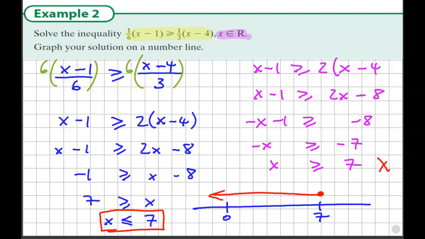The only thing that gets you out of jail on this one is, if you are going to do that, you should make sure that you change the direction of the inequality. My attitude is you shouldn't put yourself in that position in the first place, so my preferred option is to never put yourself in that position. But if you're going to do it, just make sure that if you have a negative unknown with an inequality, when you turn it into a positive unknown, by that trick of multiplying by minus 1, you must change the direction of the inequality.